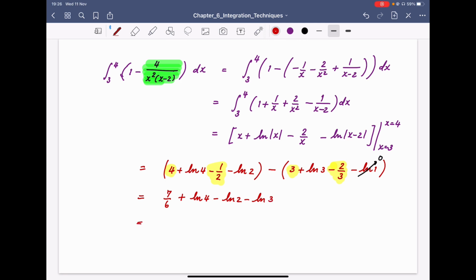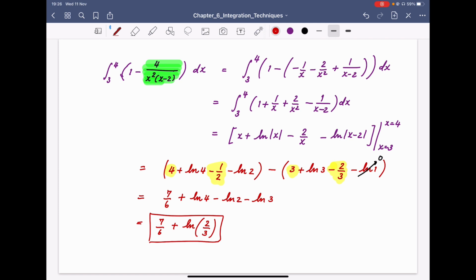Actually, if you simplify a little bit more, log 4 minus log 2 minus log 3, this is going to be log 2 over 3. That is our answer.